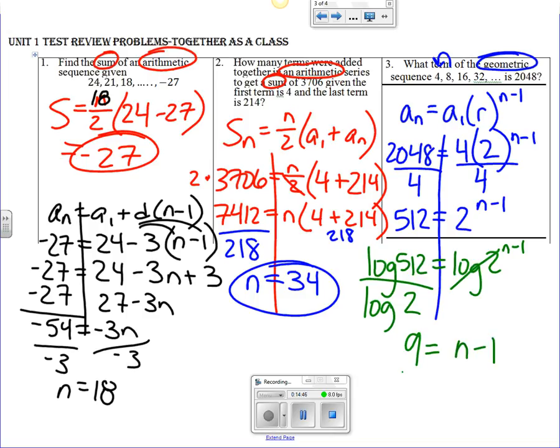And what do you do last? The question said, what term of the sequence? Does that answer the question? What does the 10 mean? That's A10. Good. Yeah. It's the 10th term.